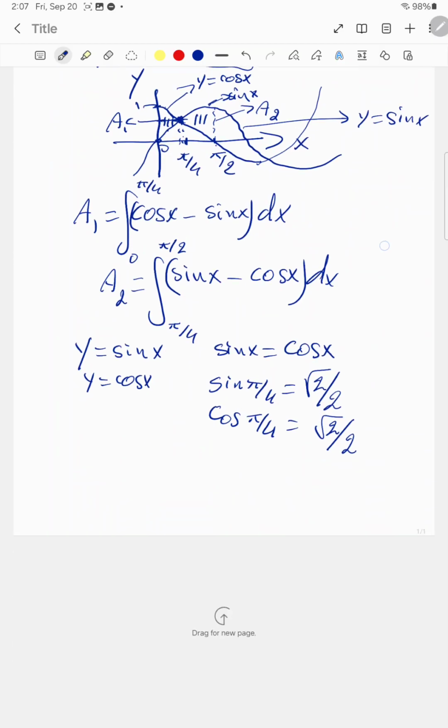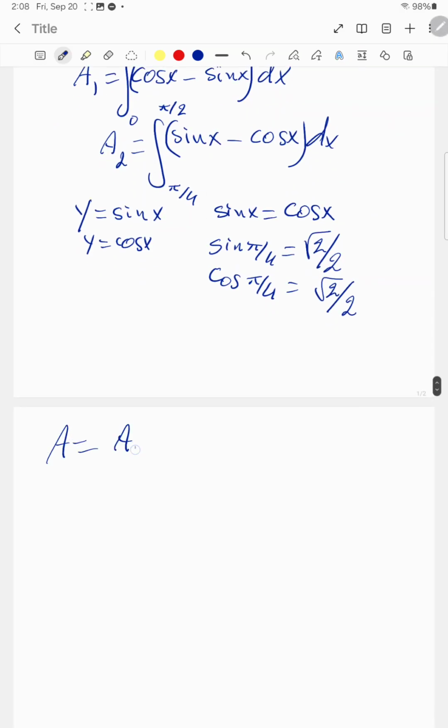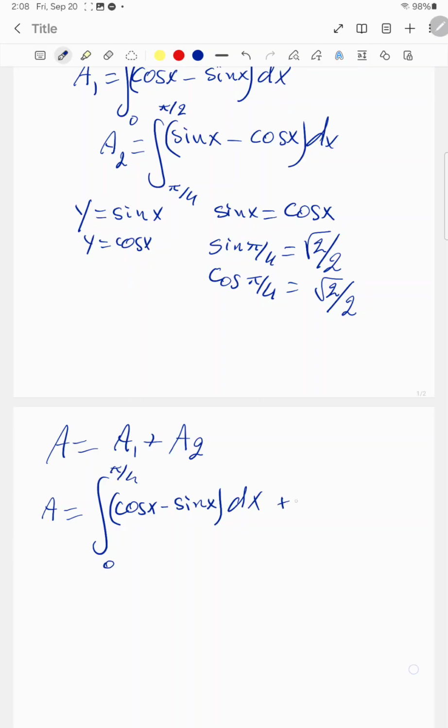So if you understand that much, the problem becomes very easy now. I know the total area is area 1 plus area 2. So the area is the integral of cosine x minus sine x dx between 0 and pi over 4, plus area 2, the integral of sine x minus cosine x dx between pi over 4 and pi over 2.